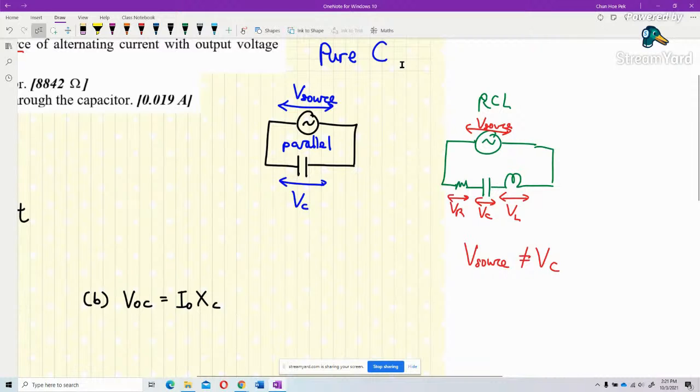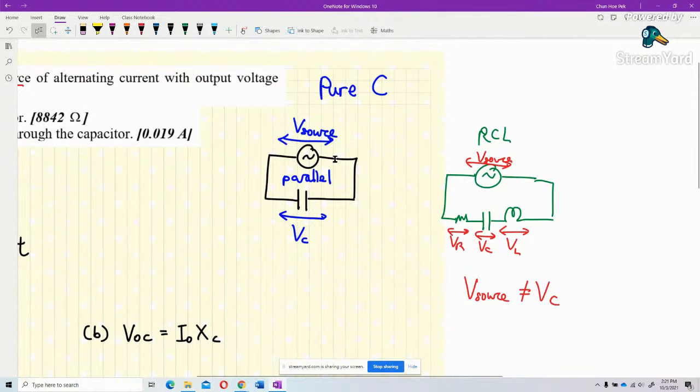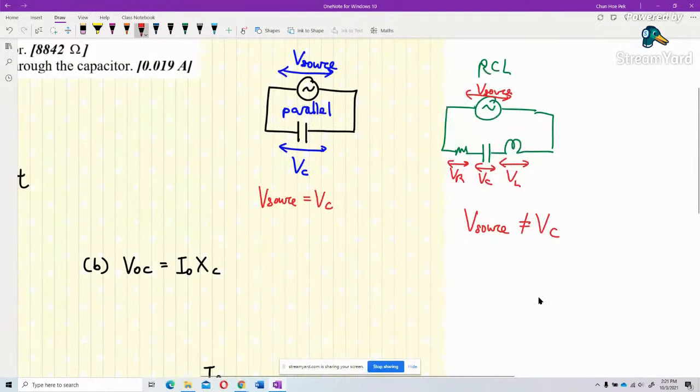If you want to find V source, you have to find VR first, then VL, VC, everything, and only then you get V source.